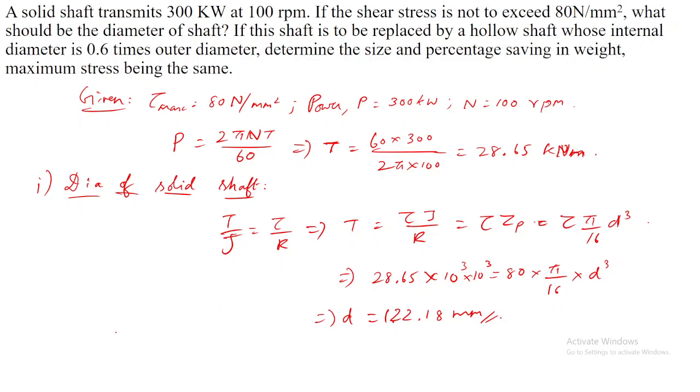Now for the second case, if the solid shaft is replaced by a hollow shaft, di equals 0.6 times d naught, that is, the inner diameter is 0.6 times the outer diameter. For this you have to find the outer diameter. Okay, so again going by the formula, T by J equals tau by R, which is nothing but T equals tau max into Zp.